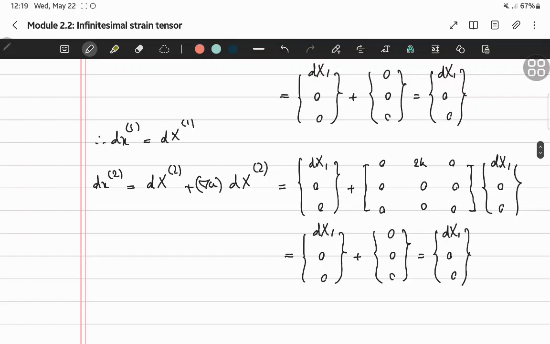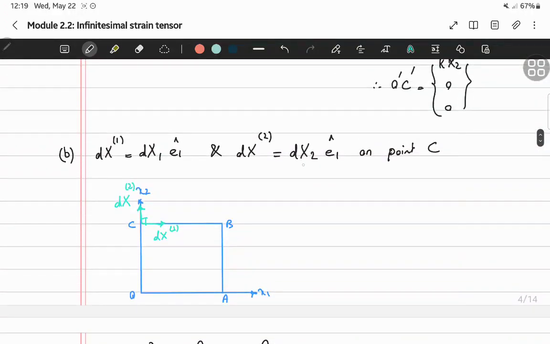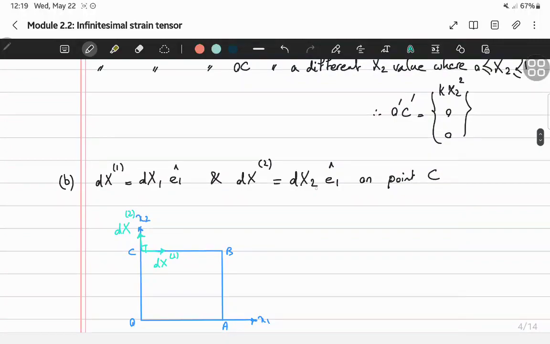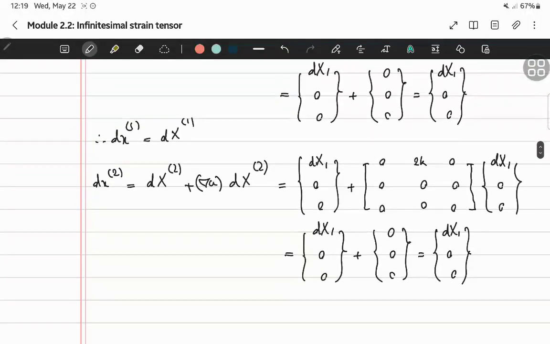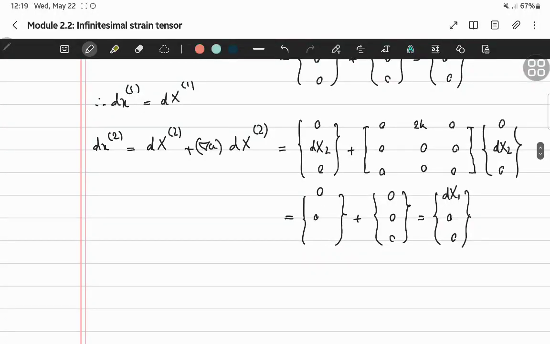Since dx2 only has dx2 e2, not e1, this is going to be 0, dx2, 0. And then what I have here is 2k dx2, and the rest are going to be 0.